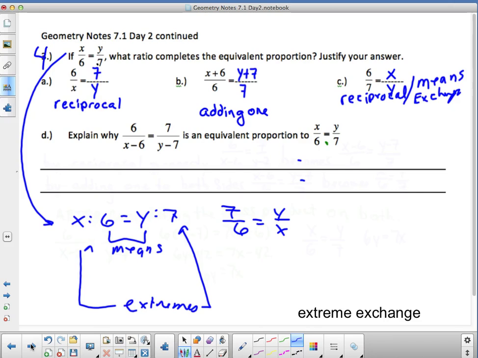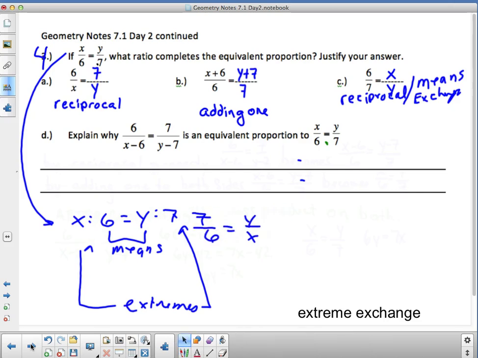You'll remember them pretty well, okay? Did I clarify that? Okay, awesome. Now, in this next part, I had this open. Explain why 6 over x minus 6 is equal to 7 over y minus 7 is an equivalent proportion to x over 6 and y over 7. And I've got a lot of people that freeze.